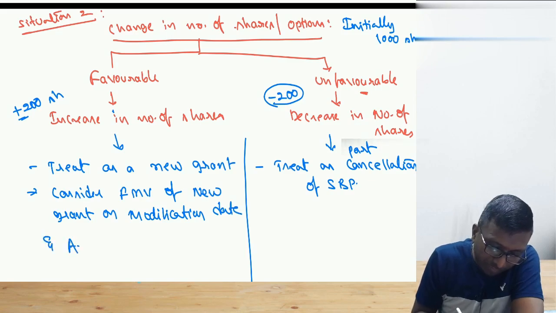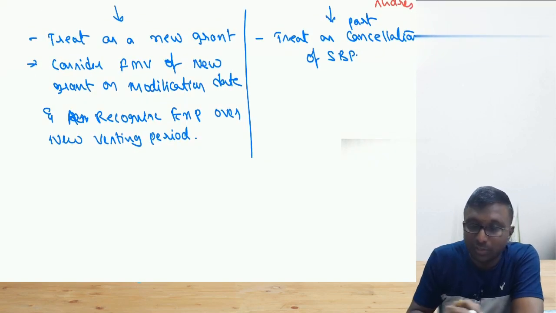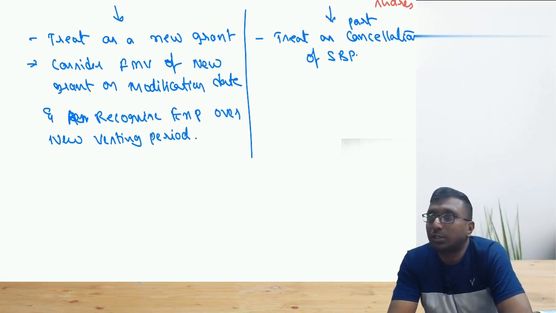Recognize the expense over the new vesting period. The old one is 3 years, the new one is 2 years.